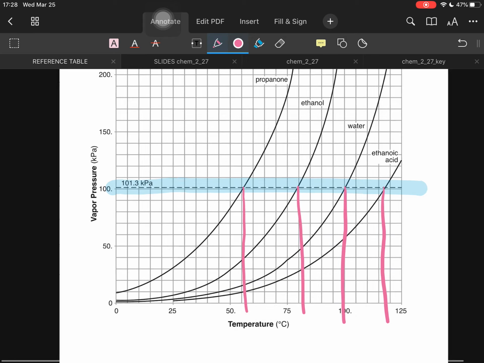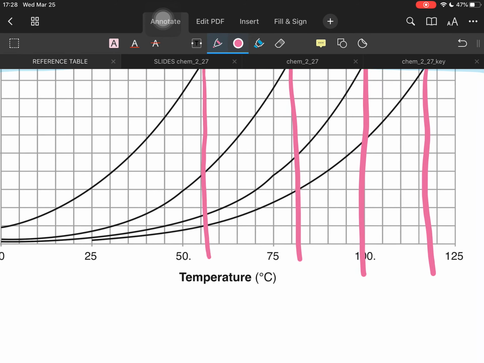Okay, so this first one here looks like it's going to be, we'll just say about 55, right? This one would be about 80. This one I know for a fact is 100. These are degrees Celsius.